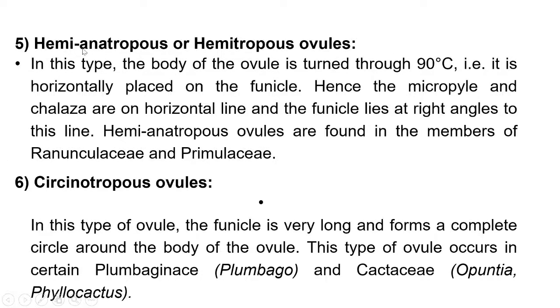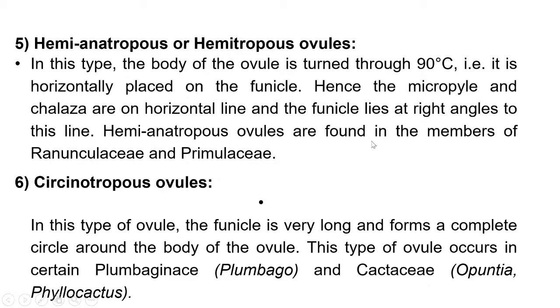Fifth one, hemianatropous or hemitropous ovule. In this type, the body of the ovule is turned through 90 degree. That is, it is placed horizontally on the funicle. Hence, the micropyle and chalaza are on horizontal line, and the funiculus lies at right angles to this line.